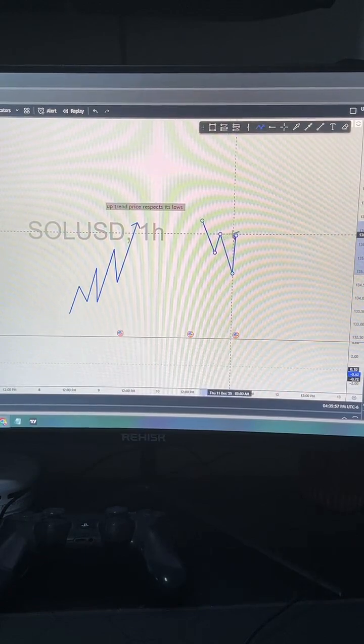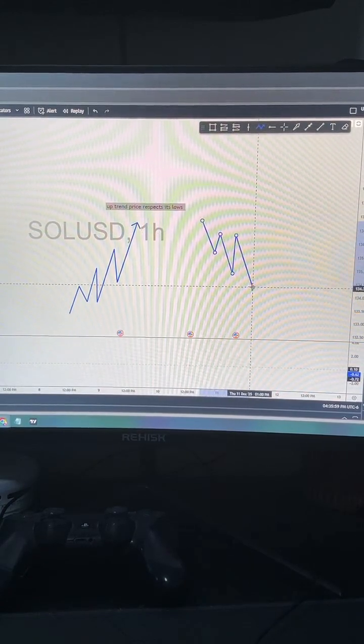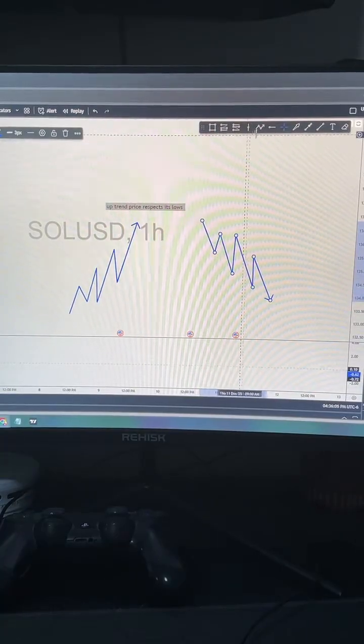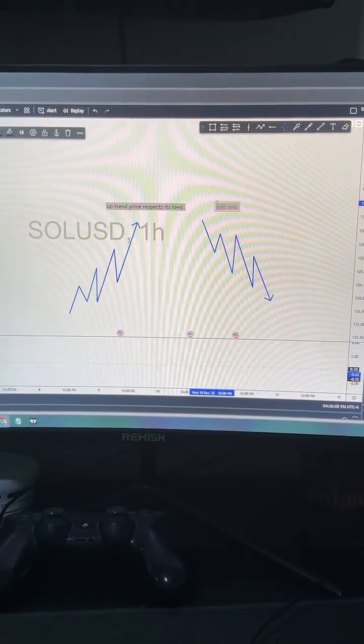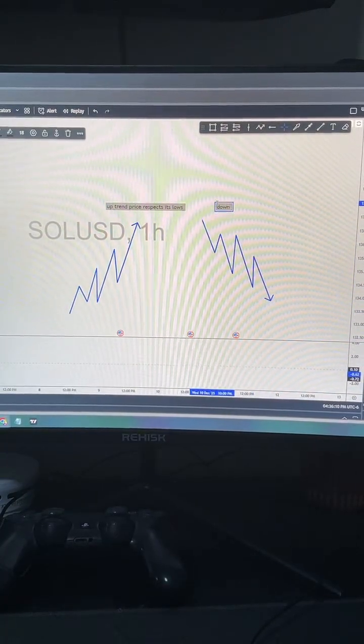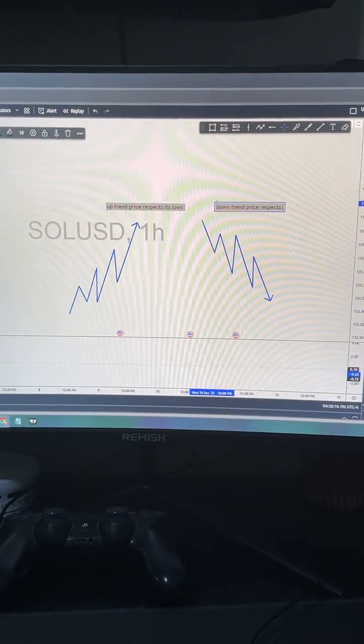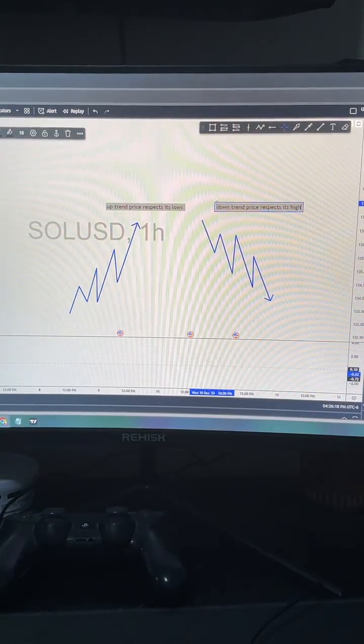It can be an equal high, as long as it doesn't break this area and then still goes lower, or it can be a lower low, as long as it still goes lower. And in a downtrend, price respects its highs.